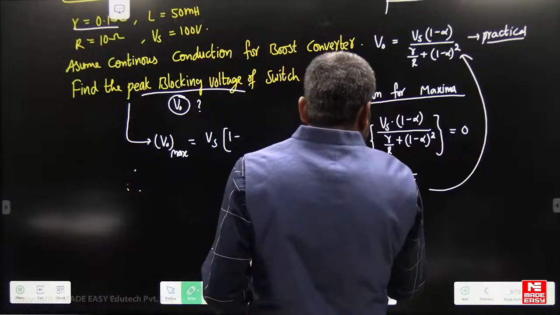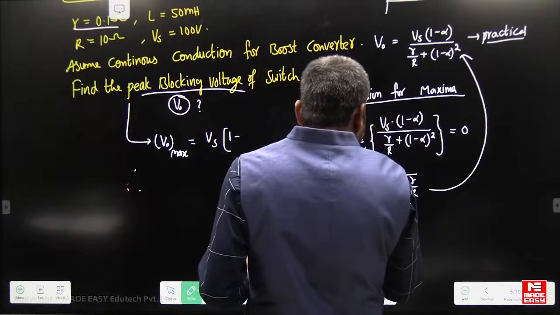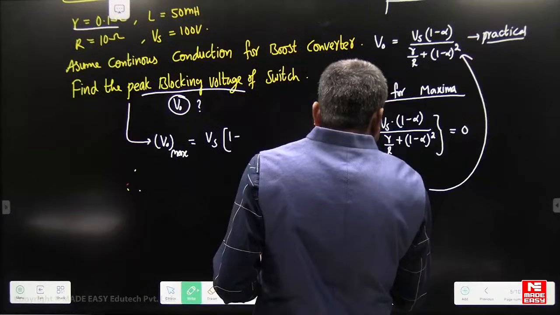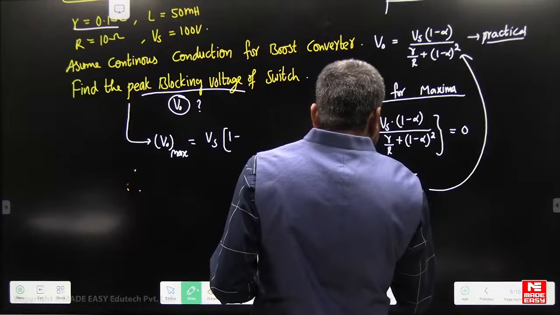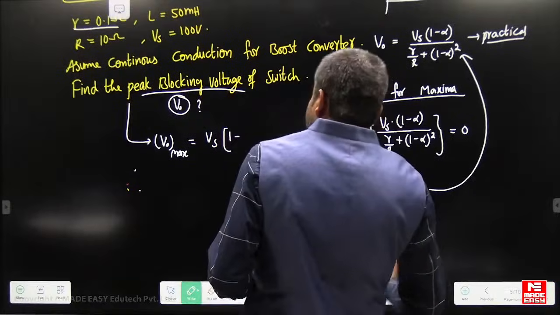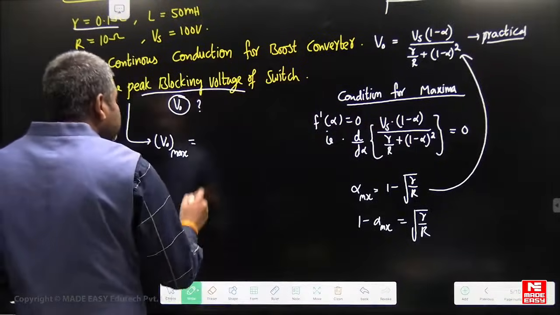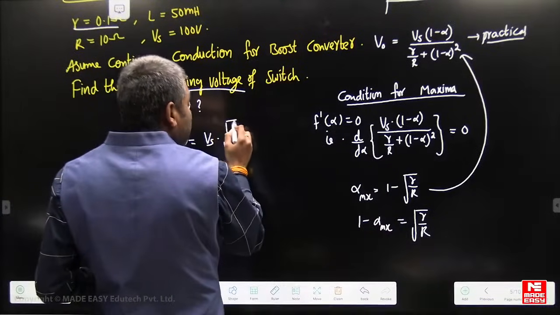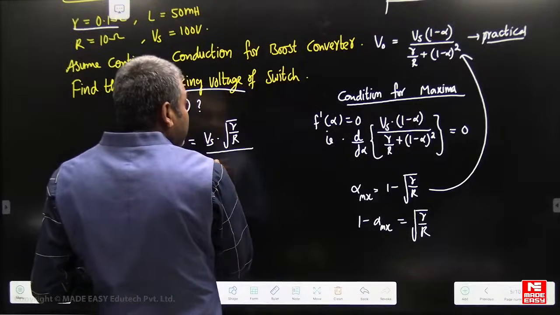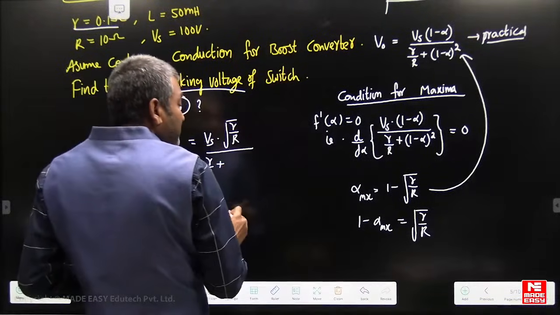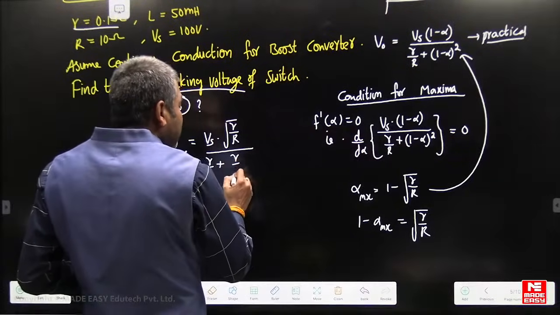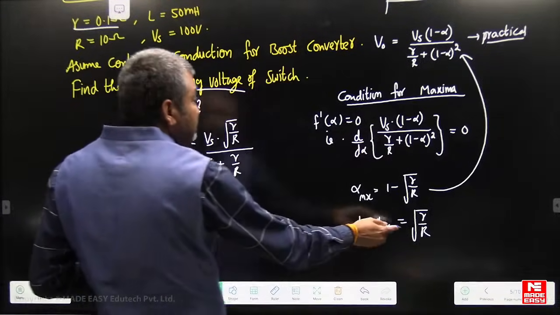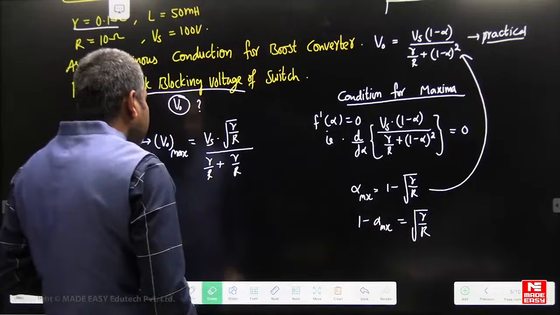If you take this side, 1 minus alpha maxima is equal to the square root of small r by capital R. So directly you can write, substituting in Vs into (1 minus alpha), the square root of small r by capital R divided by (r by capital R plus (1 minus alpha) whole square), that is r by capital R. Whole square means the same thing, because you are squaring.